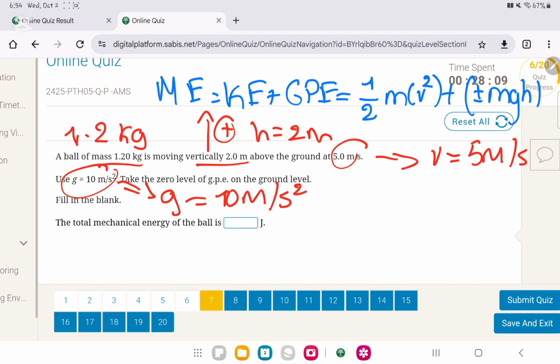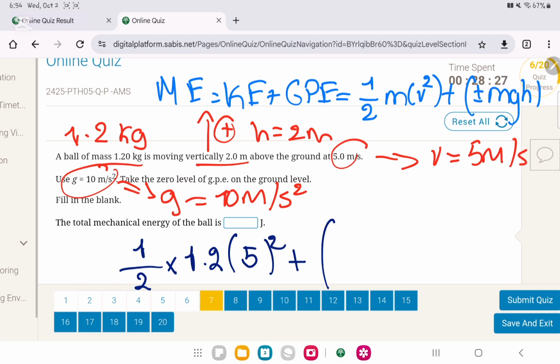Now, we need to find the total mechanical energy. So to do it, we're just gonna substitute. It's gonna become 1 over 2 times the mass, which is 1.2 kg, times the velocity, which is 5 squared, plus, since it's going upwards, then the GPE is gonna be positive. The mass is 1.2 times our g, which is 10, times our height, which is 2.